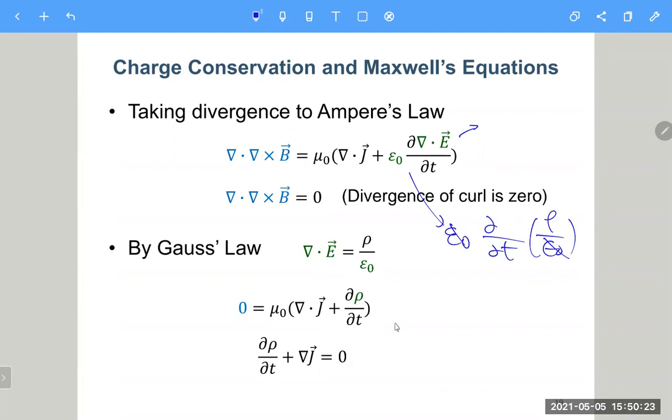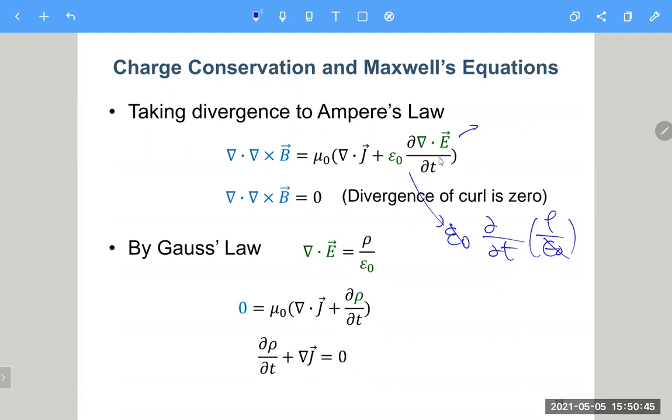And this is actually the conservation of charge, which means that this side is zero, which means that Ampere's law with these two terms will be compatible with the conservation of charge.